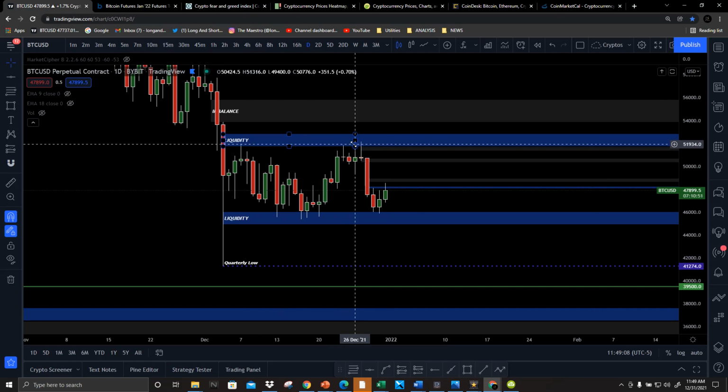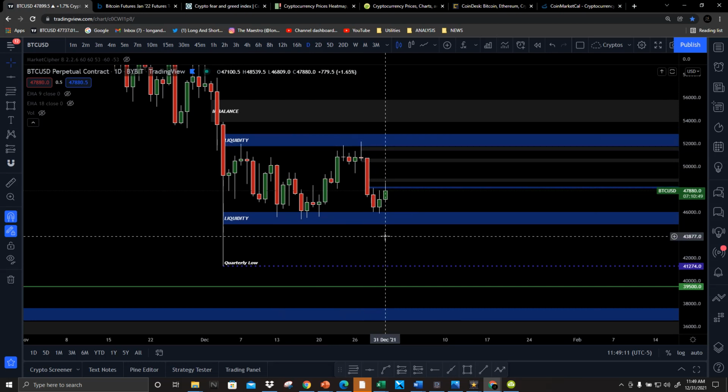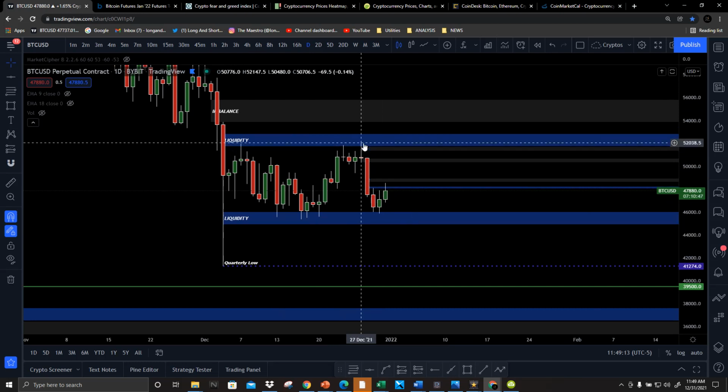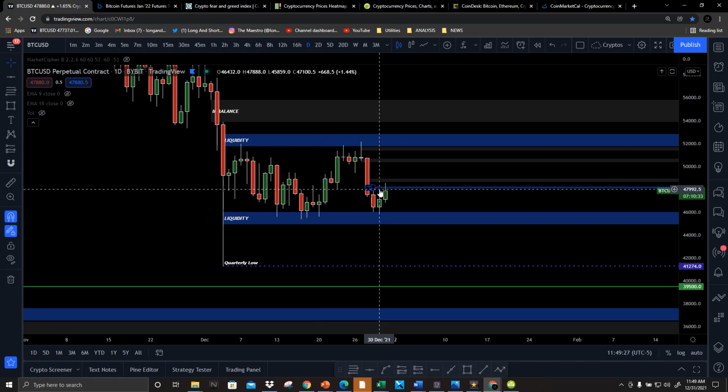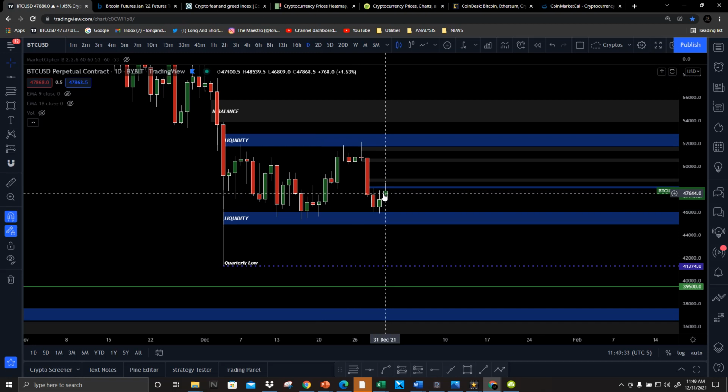Same thing, stop losses for guys who think the price is going to go short. So you always have two sides of the market. Which side is going to be right and which side is going to be taken advantage of is always the dividing line in the market. Who's going to win, who's going to lose? So since I know that price seeks liquidity, and once it takes liquidity, it has the right to go to the opposite side of the market to seek liquidity, that's the way I play price.